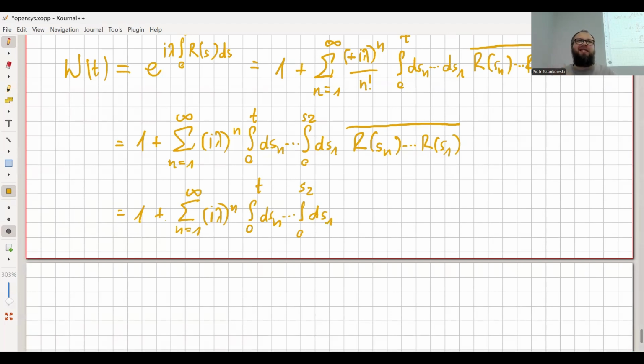We just behave as for an arbitrary stochastic process. Okay, so this is W.